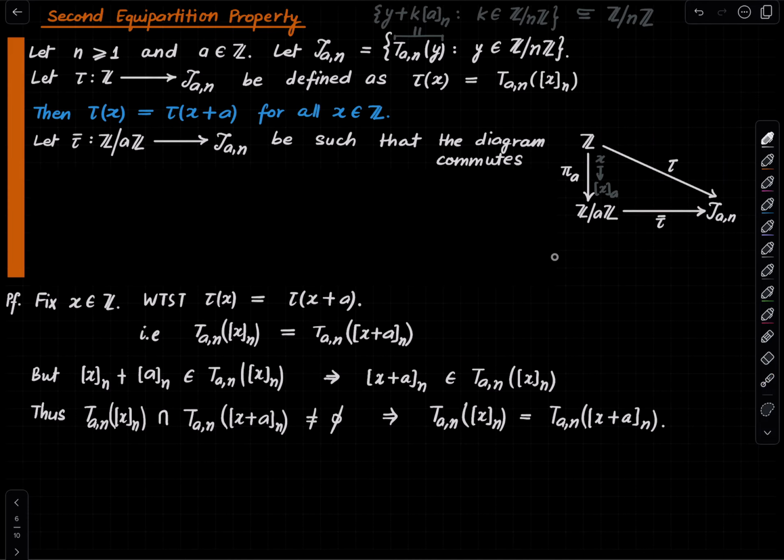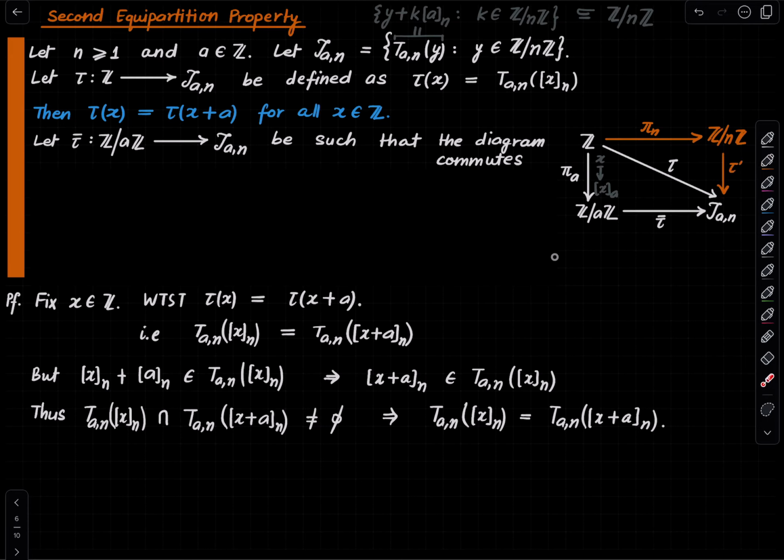We could have also drawn, with a different color perhaps, Z going to Z mod nZ, and here we have this kind of a natural map. So this is the natural projection, and then what is this map? It picks an element in Z mod nZ and outputs its trajectory. So in some sense, this could also be written by tau, but then there will be too many taus. Maybe I'll call it tau prime.